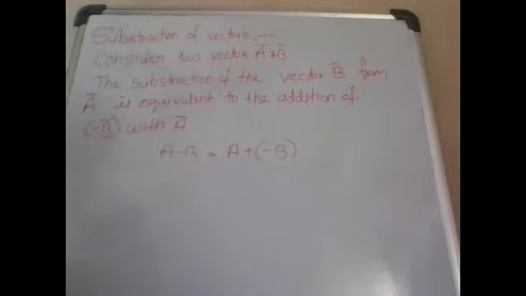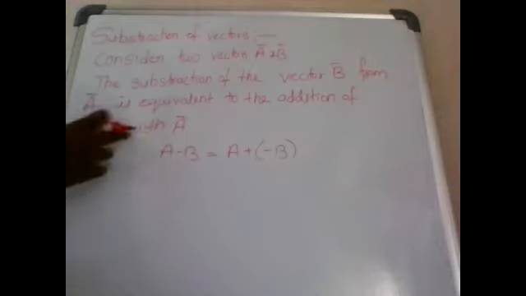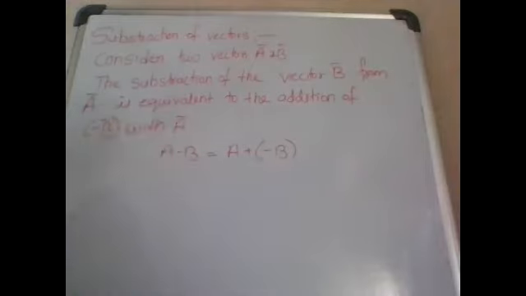That means the addition of minus b with a vector. Here the negative sign indicates vectors of equal magnitude but of opposite direction.